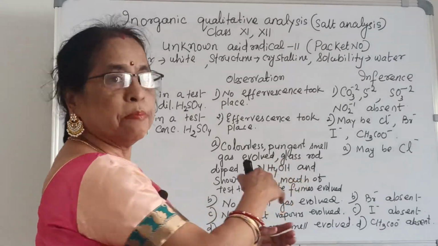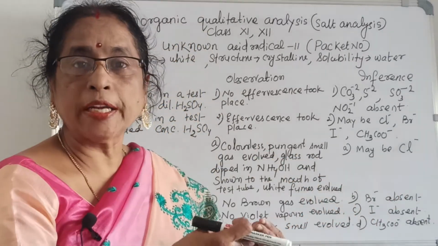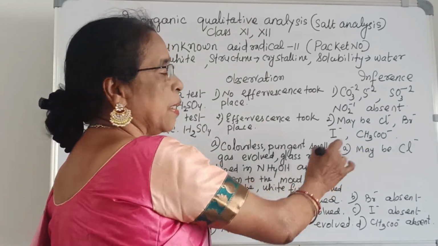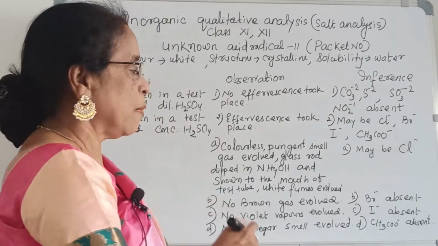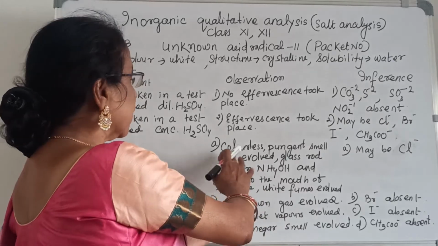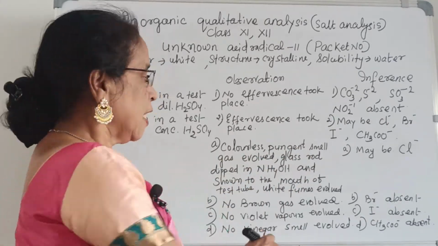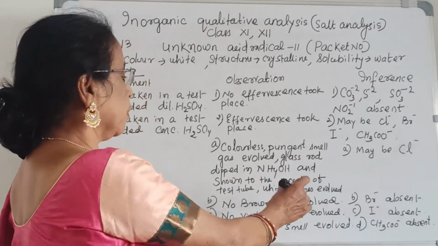When it is shown to the mouth of the test tube, white fumes evolve. White fumes mean ammonium chloride, which you know is a sublimate. So a colorless pungent smelling gas evolves, and it changes ammonium hydroxide to white fumes.